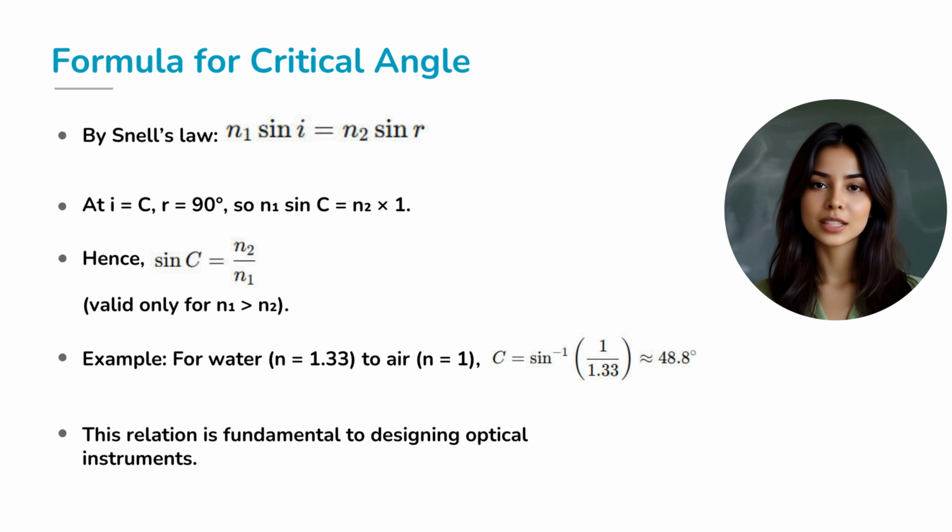Therefore, sin C equals N2 divided by N1. For example, if light is passing from water with refractive index 1.33 into air, sin C equals 1 divided by 1.33. Calculating this gives us a critical angle of about 48.8 degrees. This formula is the key to predicting whether light will refract or totally reflect.